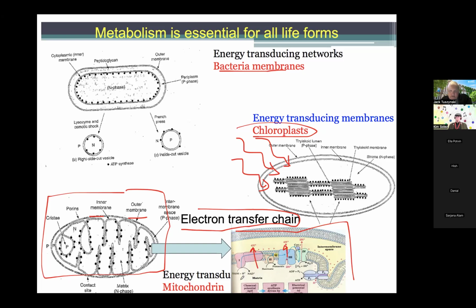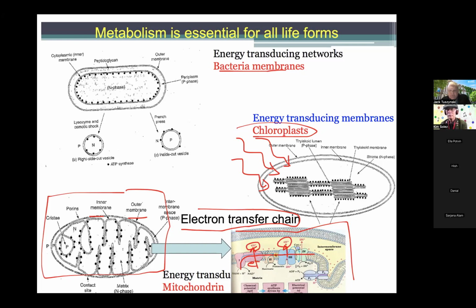In addition to that, importantly, you have the electron transfer chain, perpendicular to the movement of protons or positively charged units. We have negative transfer of electrons, which is driving the process, and it's critical.